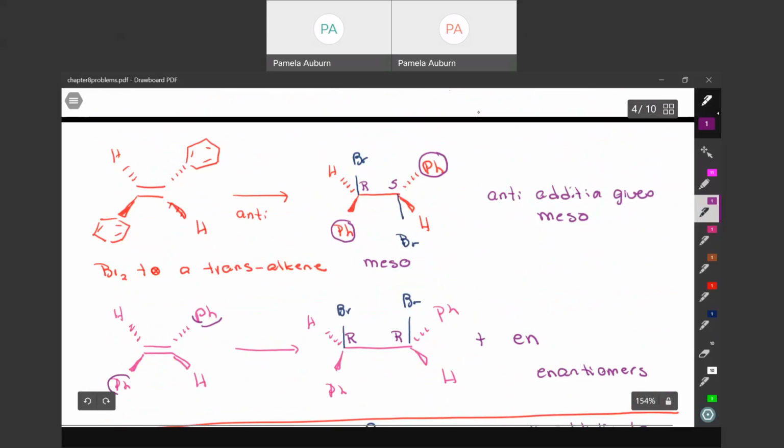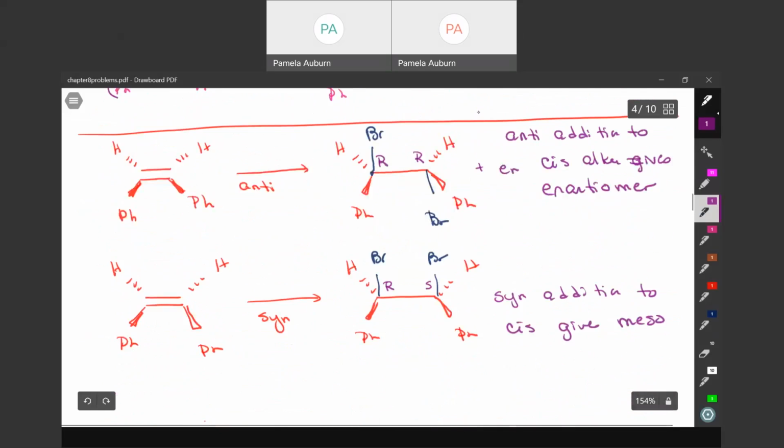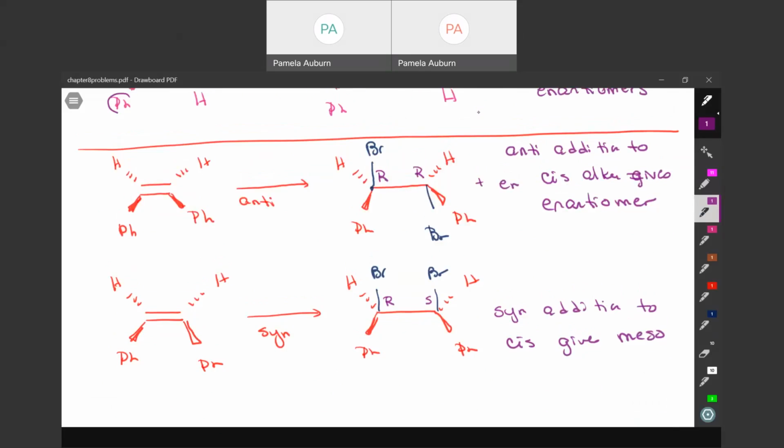So we know the reaction is stereospecific because when we do it and you get anti-addition to the trans, you only get the meso compound. Let me just circle that. That's what you actually get. And when you do anti-addition to the cis, you only get the enantiomers.